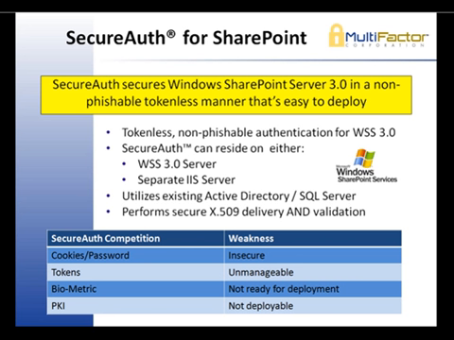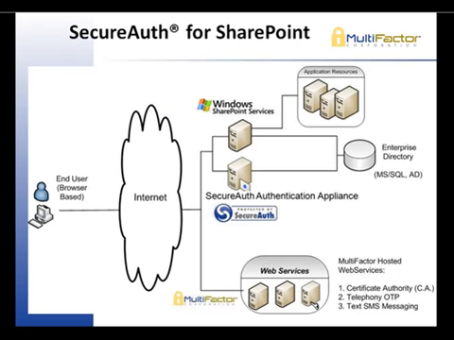So that being said, Jeff, why don't you take over a little discussion of how this is actually deployed. Thank you, Garrett. Integrating SecureAuth with SharePoint services is relatively straightforward, and it will only take you a few steps. First off, you will install the SecureAuth authentication appliance into your existing network infrastructure.